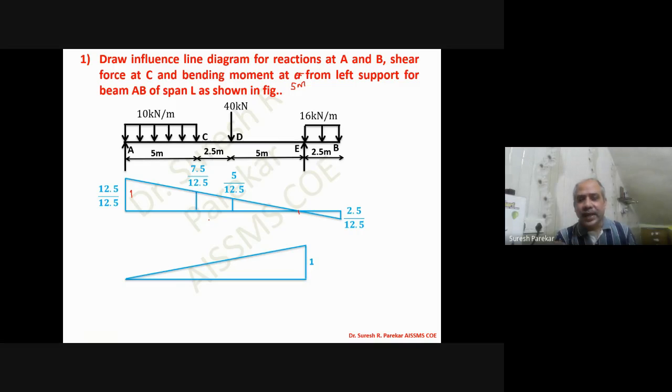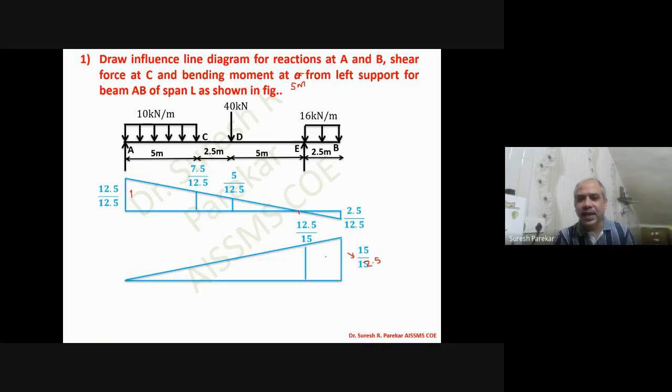Now for the ILD for reaction at B, we consider 1 at E and 0 at A, and then extend that linear line. The value at E is 12.5 by 12.5, and at B the value is 15 by 12.5.